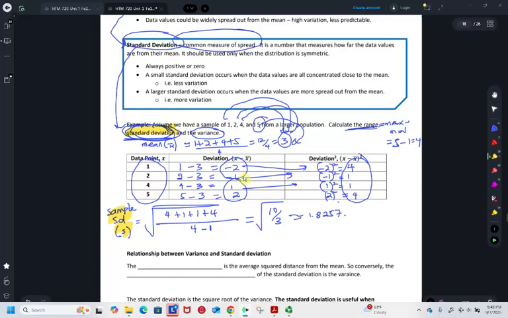And to find the last one, which is the variance. The variance and standard deviation are closely related. So the standard deviation here is right there. And the variance is simply the value whose square root we took, which is 10 over 3. Or it is the standard deviation squared.